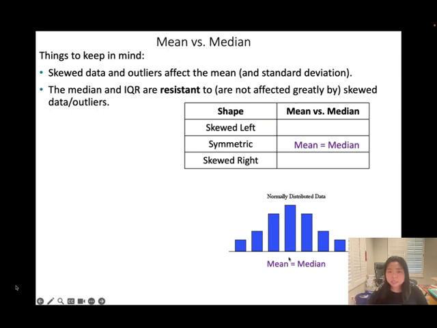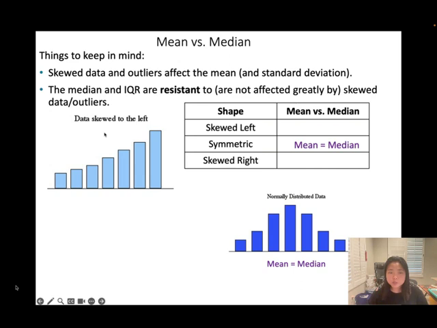Okay, second one, when you have data skewed to the left. Skewed to the left means the left tail is longer. Think about it, when you compare the mean and median, will the mean be greater than the median, or will the mean be less than the median?